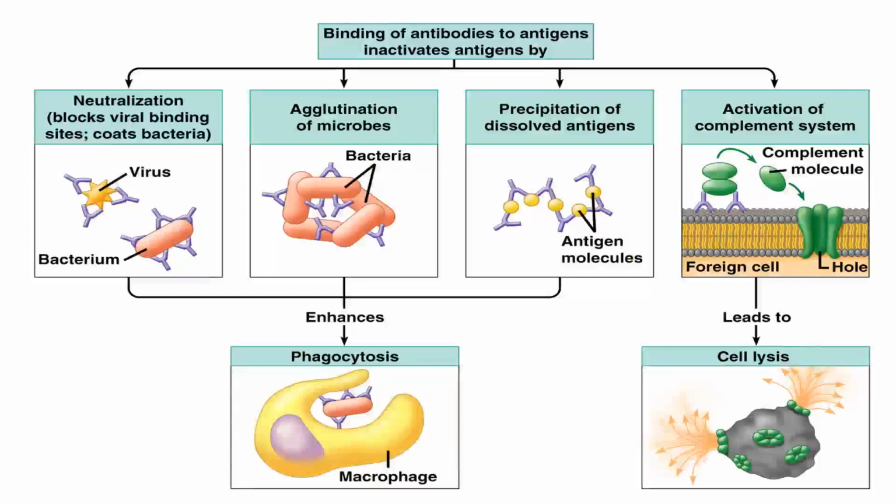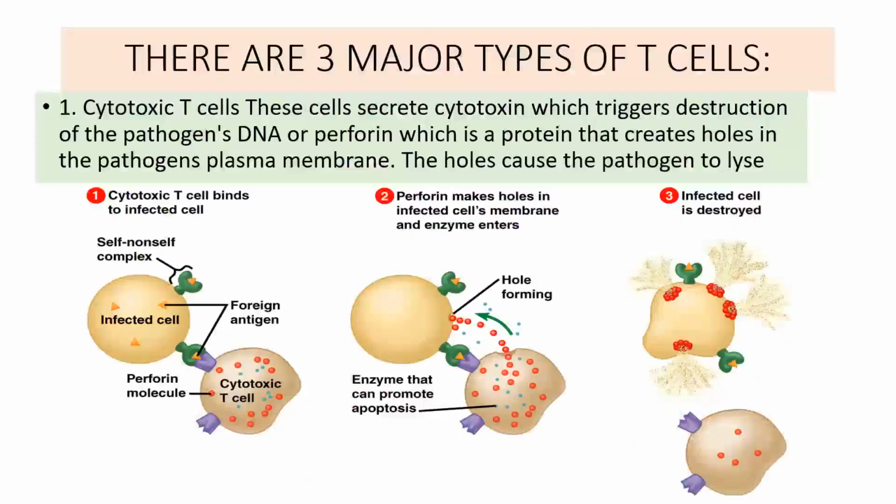So in this diagram, you can see all the 4 processes, that is neutralization, agglutination, precipitation, and complement fixation, and these are responsible for showing the phagocytosis, whereas the lysis is there through the complement fixation. So in this way the immune system works, right?